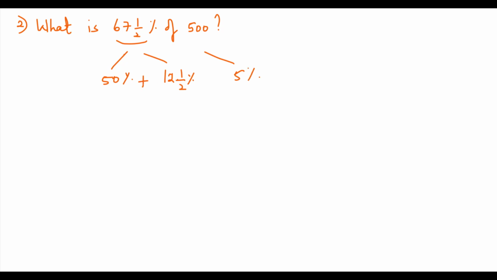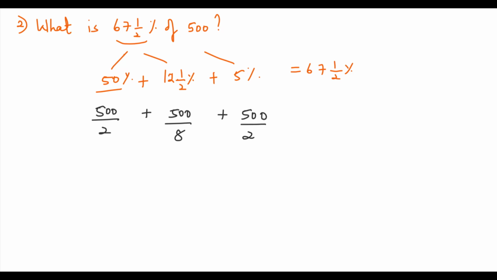So see, 50% plus 12.5% plus 5% will give us 67.5%. Isn't it? So for 50% of 500, divide 500 by 2, for 12.5% divide 500 by 8, and for 5% divide 500 by 20.